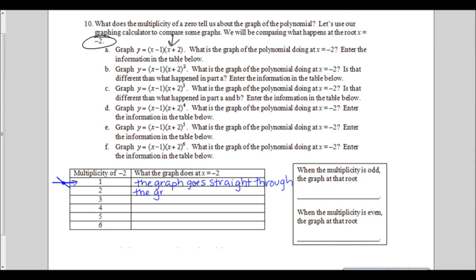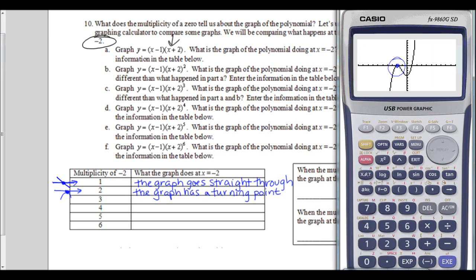So the graph has a turning point at that 0. Okay, and when I looked at it, if this was my x-axis, it was just making an upside down U where it touched. If I just looked at that one little spot right there, it was an upside down U if I just do that little tiny window.